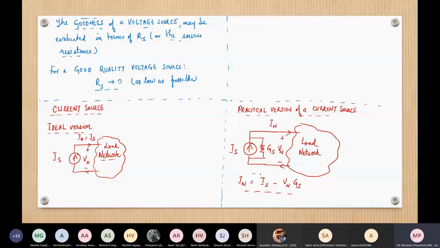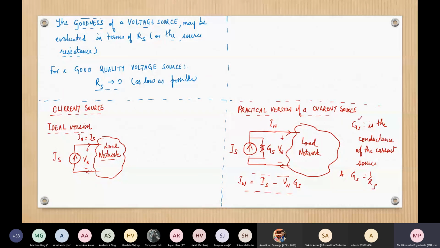What is GS? GS is the conductance of the current source, and GS is 1 upon RS.